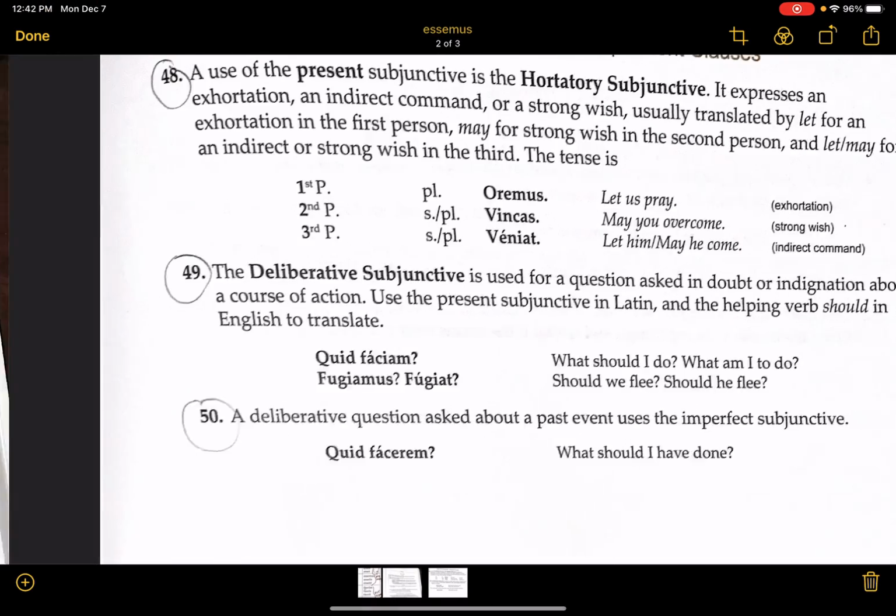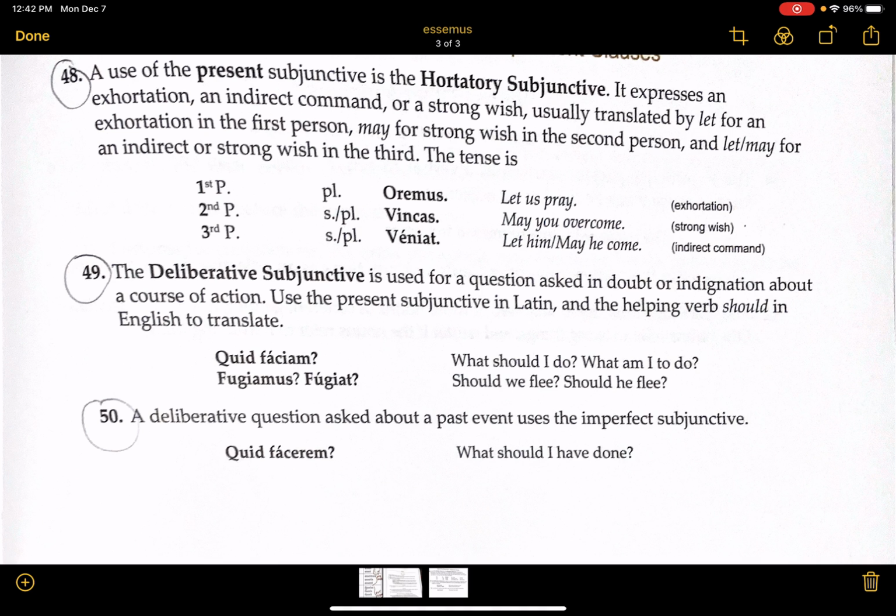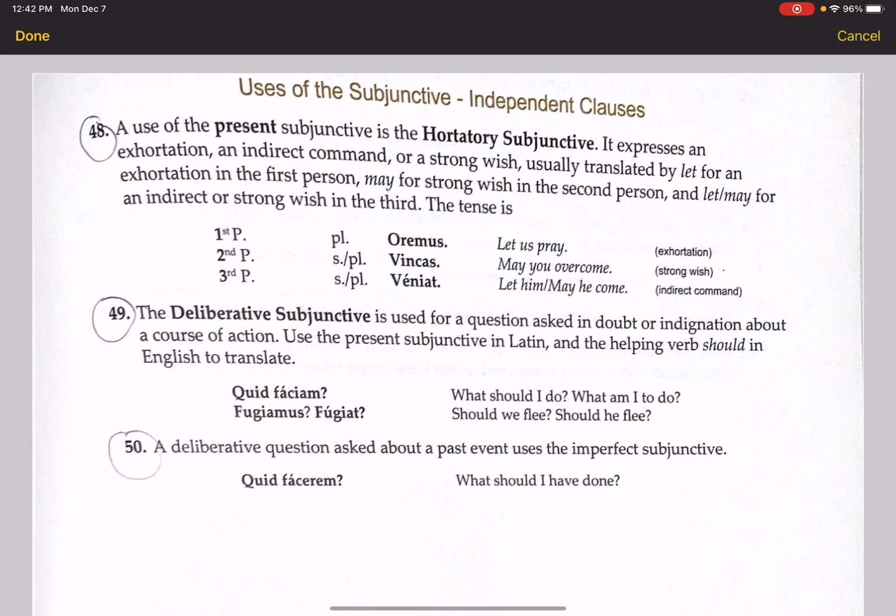Okay, we also have 48 through 50. So 48, a use of the present subjunctive is the hortatory subjunctive. So this is one use. It expresses an exhortation, an indirect command, or a strong wish, usually translated by let for an exhortation in the first person, may for a strong wish in the second person, and let or may for an indirect or strong wish in the third person.